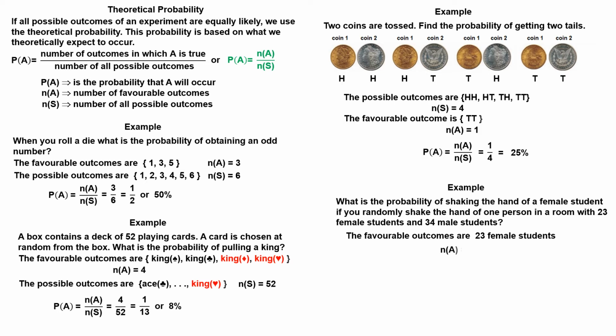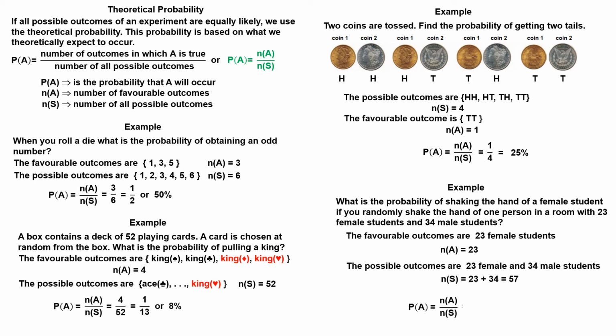The number of favorable outcomes is 23. The possible outcomes are 23 female and 34 male students. The number of possible outcomes is 57. Therefore, the probability is 23 over 57. The probability is 40.4%.